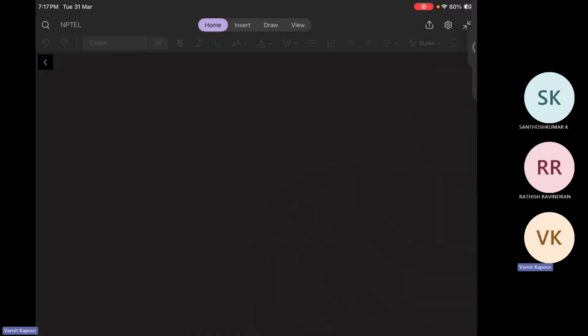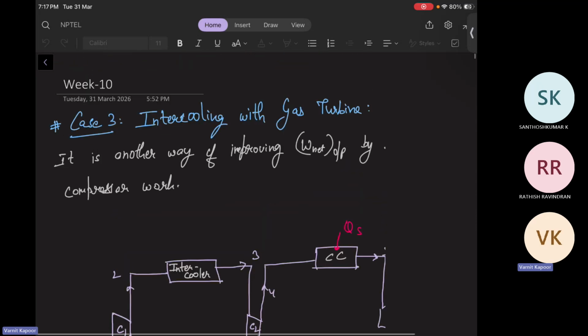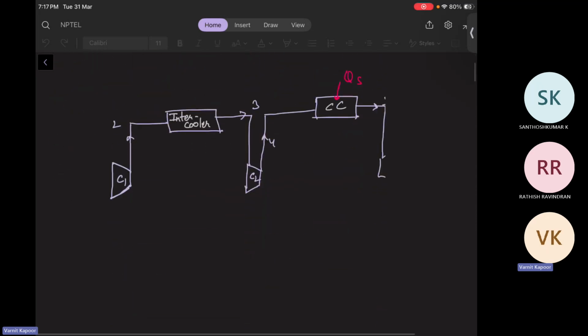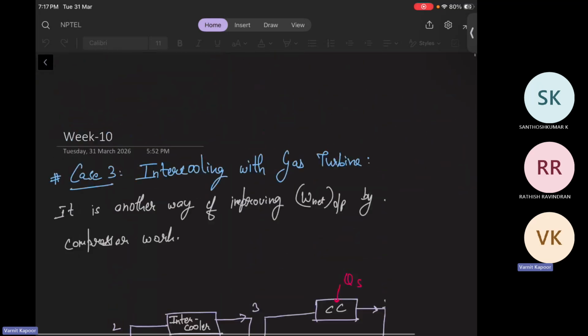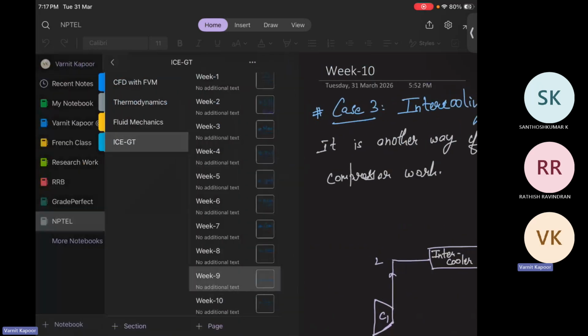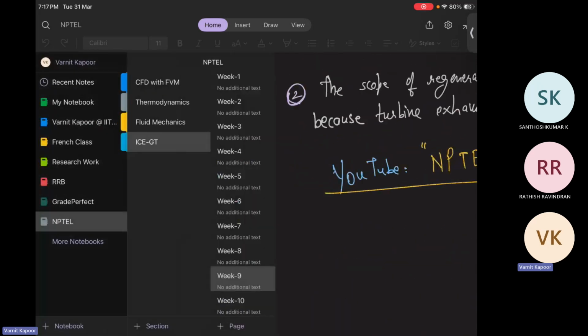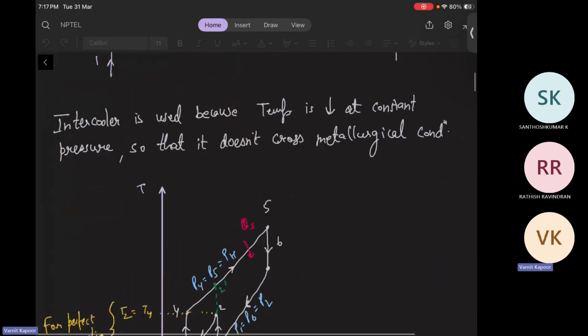Okay, I think my screen is visible now. I don't know what has happened here. This was okay.